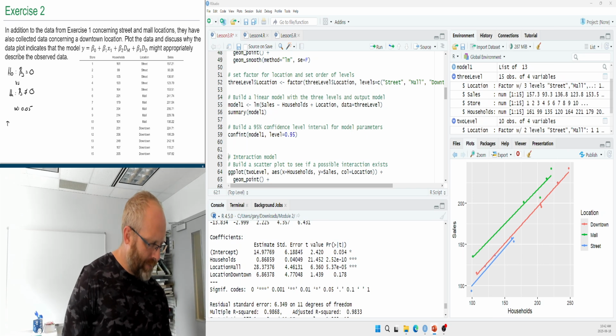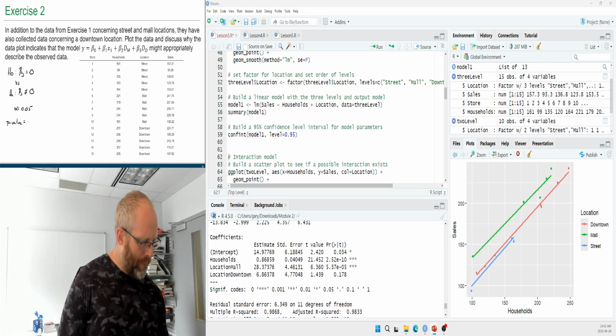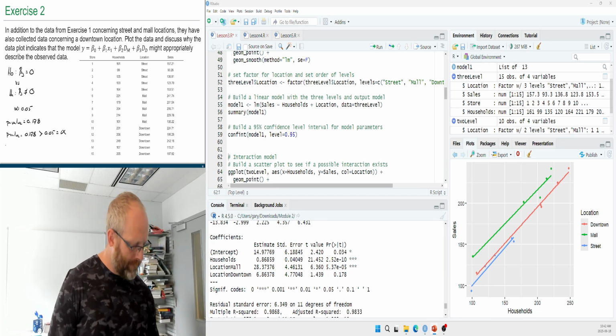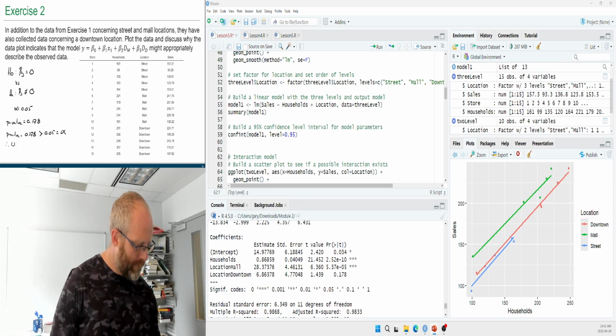Our p-value is 0.178. So notice that p-value 0.178 is actually greater than 0.05, which is equal to alpha. Therefore, we fail to reject.